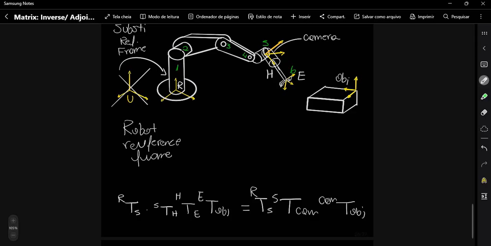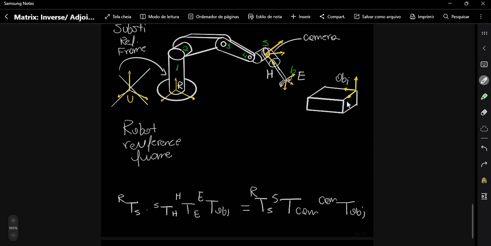And those are steps that we can do in order to accomplish the task of the camera observing this object.